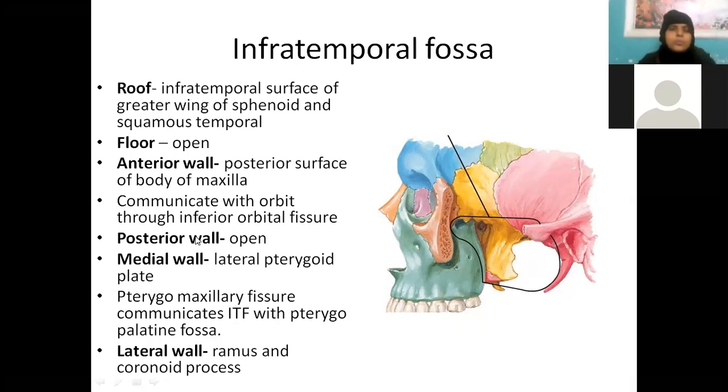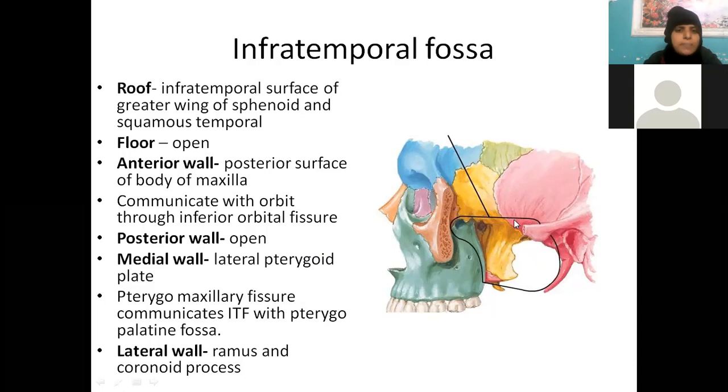So now you see, the roof is formed by the infratemporal surface of the greater wing of the sphenoid bone, yellow in color. This area is the roof, and we know this is the squamous temporal. Floor is open. This is the anterior wall, which is formed by the posterior surface of the maxilla.